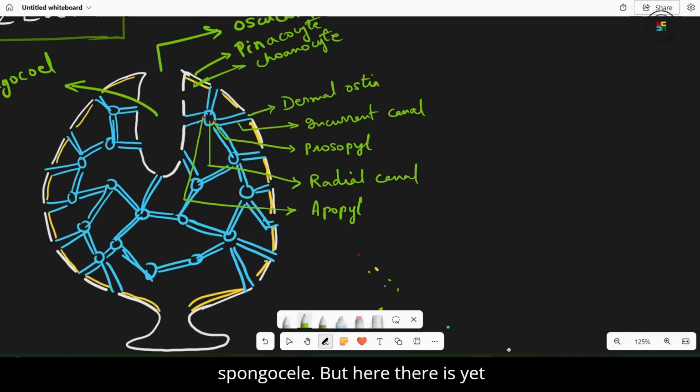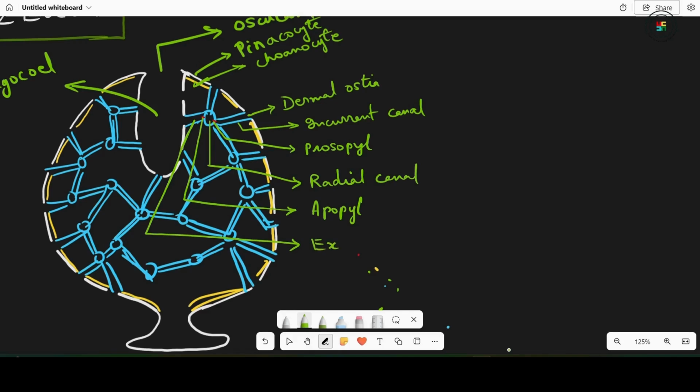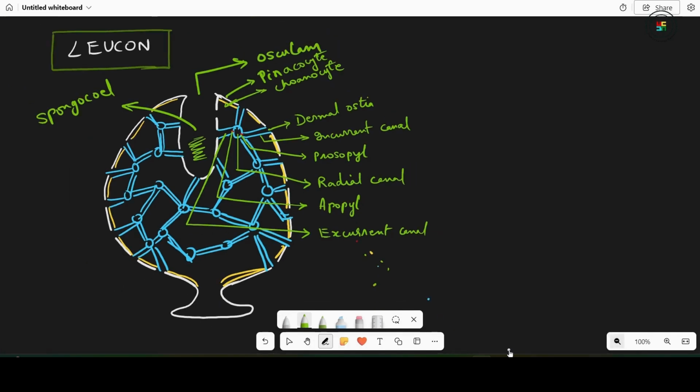But here there is yet another canal, okay, and that is the excurrent canal. And then after that water is entering the spongocoel. Okay, so this is what is happening.